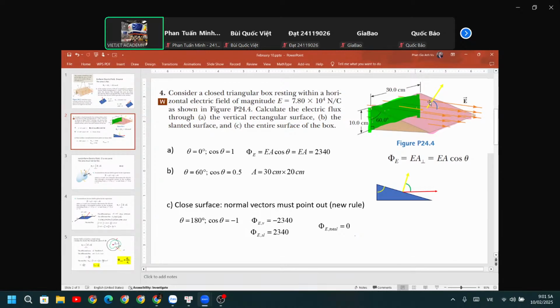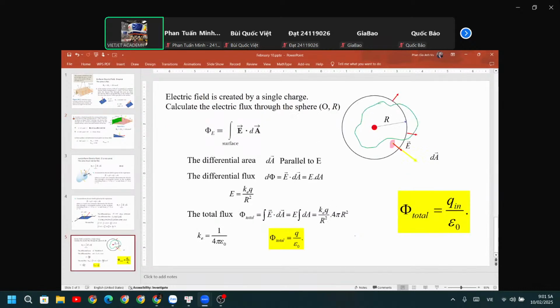Now imagine that you relocate the box inside this electric field, let's say we rotate the box somehow, we flip the box, we do something with the box. We can resize and reshape the box too. In this case, because inside the box we don't have any charge, the flux through the box is 0.